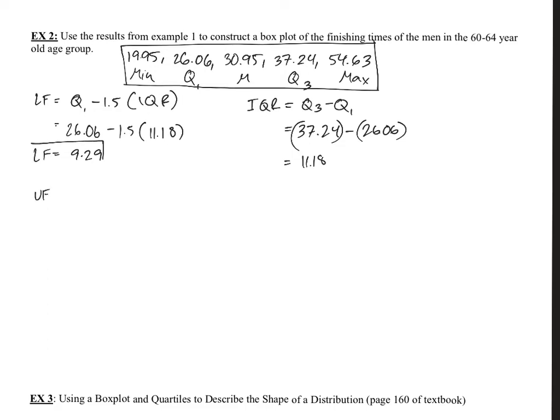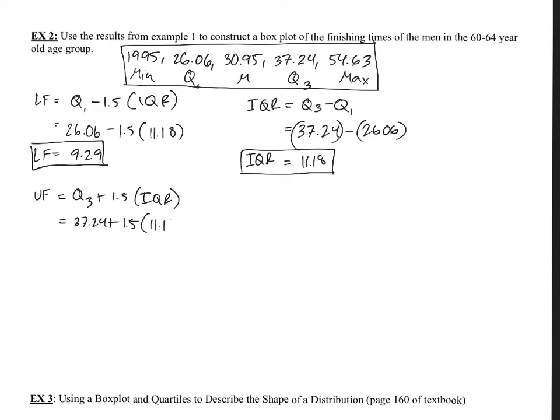Let me label these. Always make sure to box and label these things, especially when everything's getting messy. So we have Q3 plus 1.5 times my IQR. Q3 was 37.24 plus 1.5 times 11.18, which multiplying that out gives 54.01 as my upper fence.